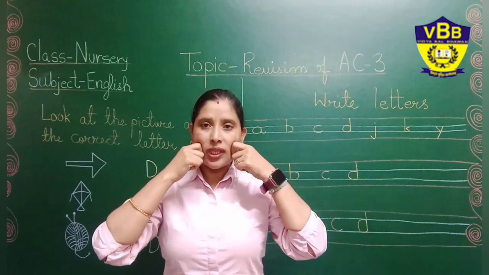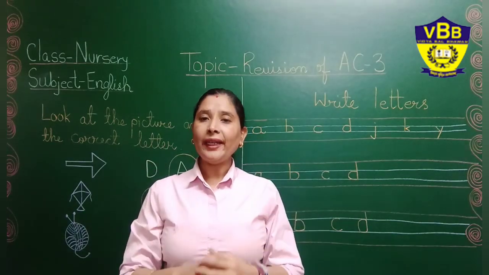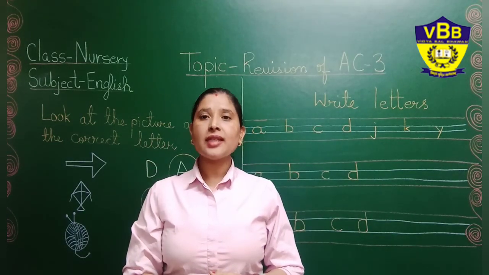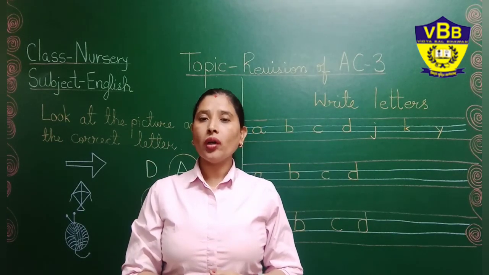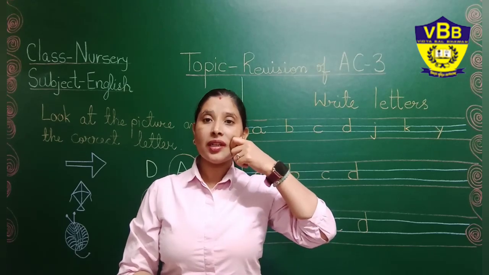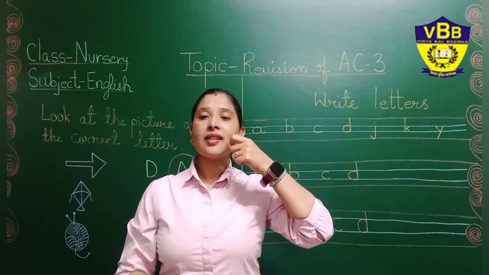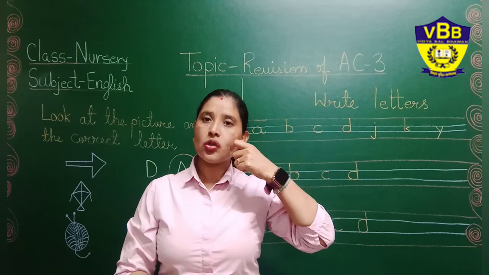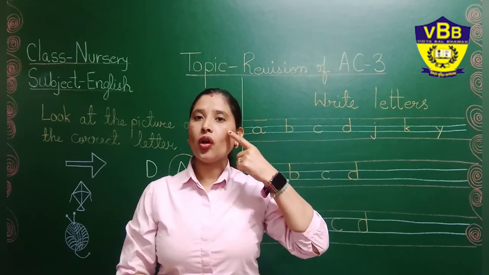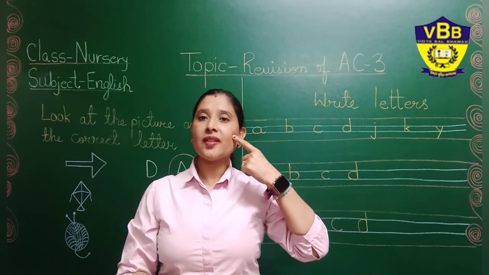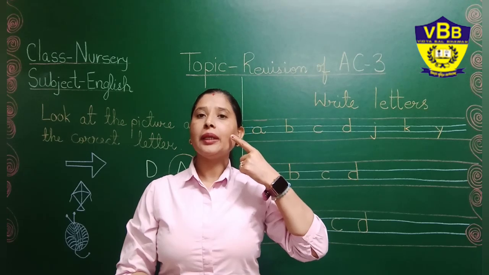These are the 2 cheeks. So to write letter B, we always make a curve on the, which cheek is this? Yes, this is our left cheek. So the curve will be drawn on the left hand side in the letter B.